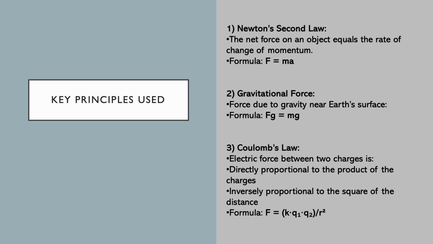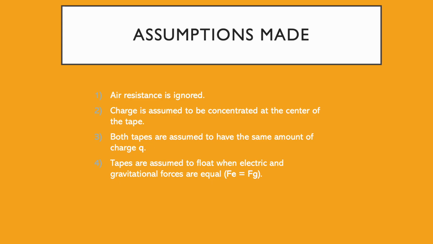And then there was Coulomb's law, which helped me estimate the repulsive force between two identically charged tapes. The formula is F equals k Q1 Q2 over r squared. By equating the electric repulsion with the gravitational force at the point where one tape floated, I could solve for the unknown charge Q.